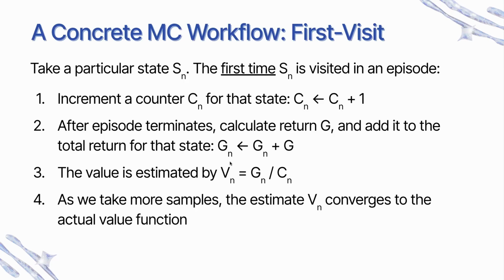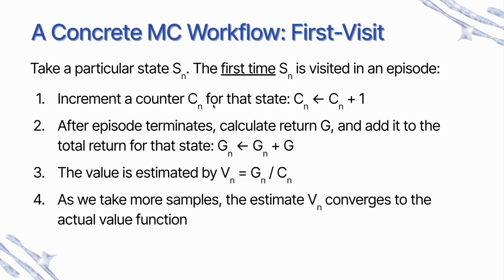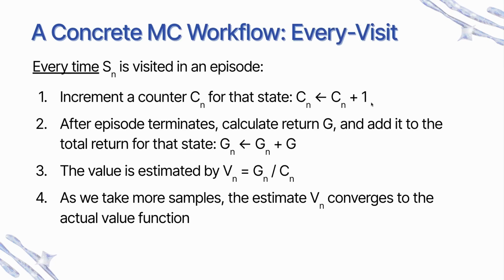As you take more samples, the estimate V converges to the actual value function. This is called first visit because you only count when Sn is visited for the first time in an episode. There's also every visit, meaning that every time Sn is visited in an episode, you increment a counter. So if for this particular episode it loops back to Sn twice, you'd add 2 to that. But for first visit, you will always add 1. You don't care about the second visit.